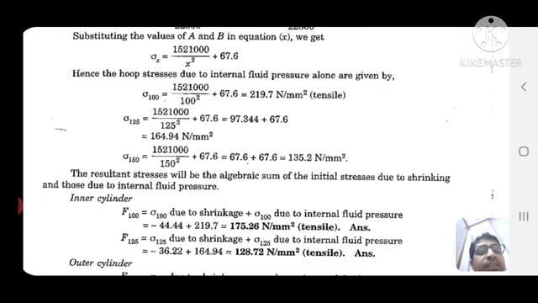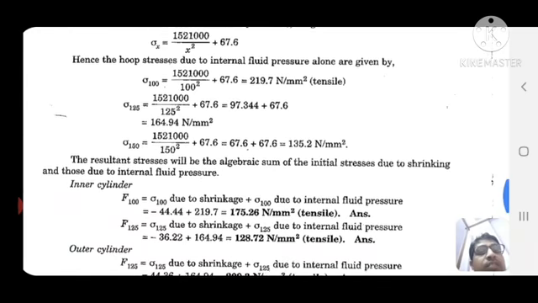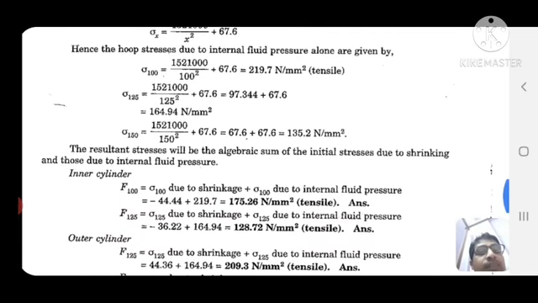Hence, the hoop stresses due to internal fluid pressure alone are given by sigma 100 equal to 1521000 by 100 square plus 67.6, that is equal to 219.7 Newton per millimeter square.